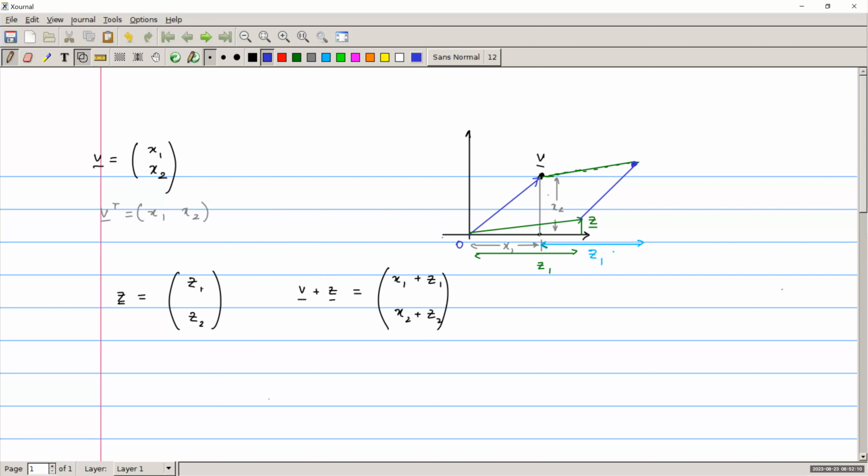So when you are adding vectors geometrically, we visualize it as the diagonal of the parallelogram. When you have any two vectors v and z, complete the parallelogram, and the sum of those two vectors is the diagonal of the parallelogram.